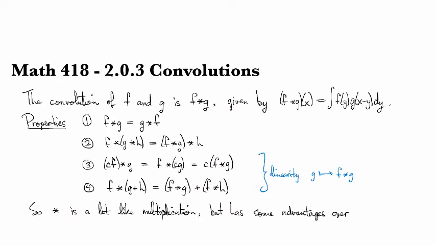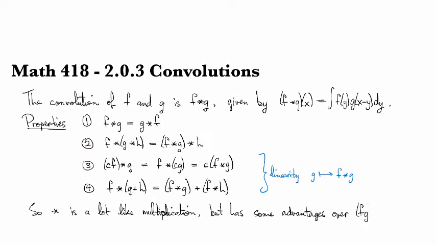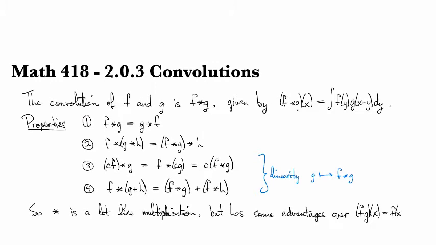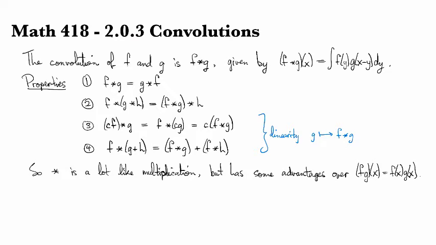The usual notion of multiplication is piecewise multiplication, so the product of f and g at x is usually just defined to be f of x times g of x without any fancy integral business. I will distinguish this by calling it pointwise multiplication.